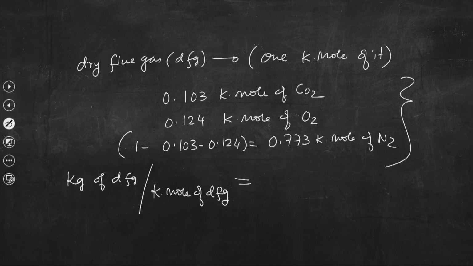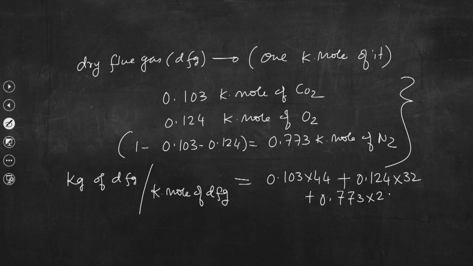That is 0.103 into 44 plus 0.124 into 32, that is molecular weight, plus 0.773 into 28. So, this is coming as 30.14. So, 1 kilomole of DFG contains 30.14 kg of DFG. So, that information we got.